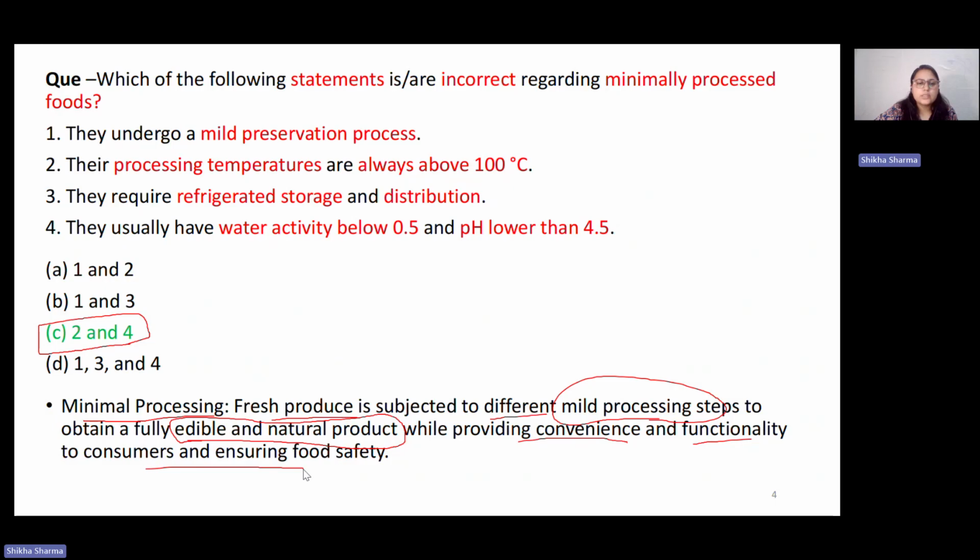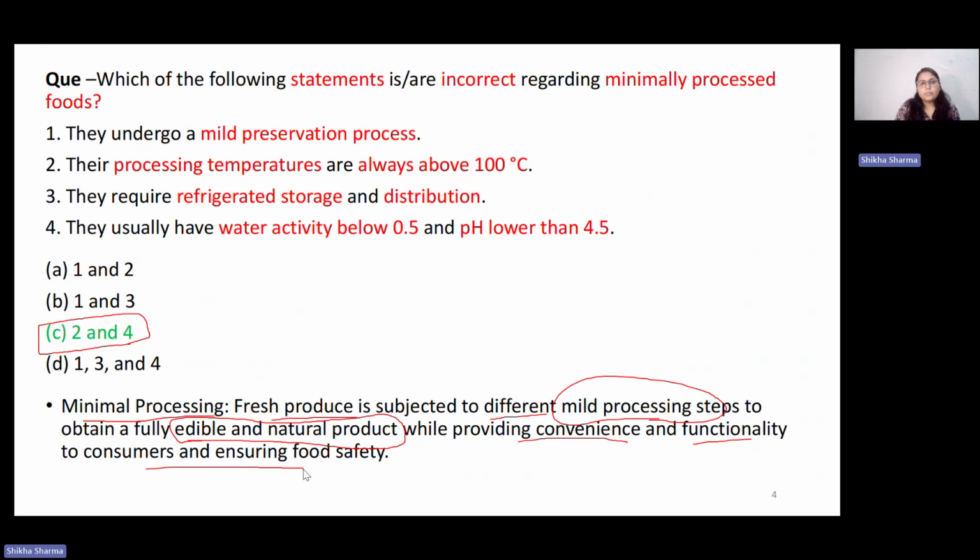So minimal processing means that we are processing any food product, fruits or vegetables, in such a condition that it is processed minimally and the consumers can eat it like a ready-to-eat food product.